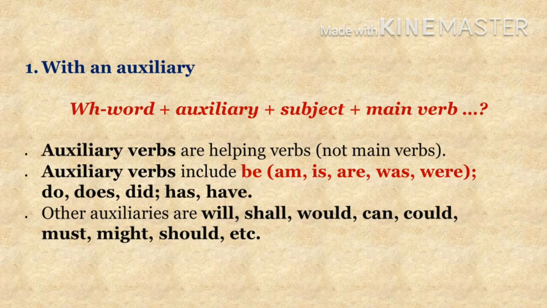We have also many other auxiliaries like will, shall, would, can, could, might, should, etc. So we use those auxiliary verbs in forming a WH question. So the pattern of a WH question with an auxiliary would be WH word plus auxiliary plus subject plus main verb plus the rest of the sentence.